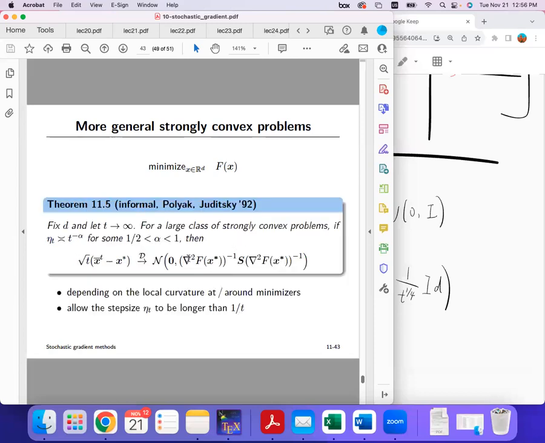And the conclusion would be the same, but the matrix A will be replaced by the Hessian matrix of this objective function at the minimizer point. Okay, so this is a generalized result.